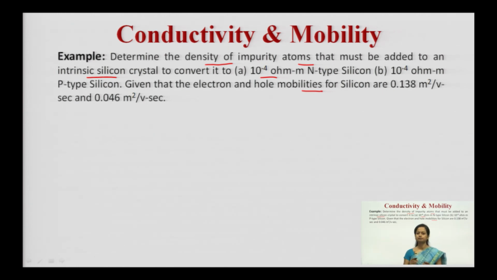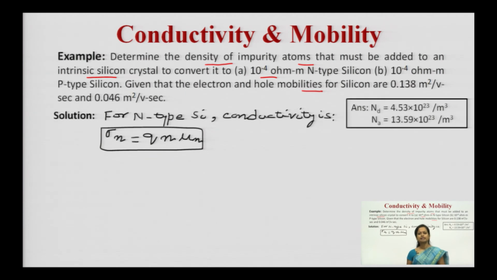See, a pure semiconductor is being given to you. You are adding some impurities to make it impure. So, the first case is N type. For N type silicon, conductivity is Q N into mu n, and here N is the density of donor atoms. So, you can substitute this term.